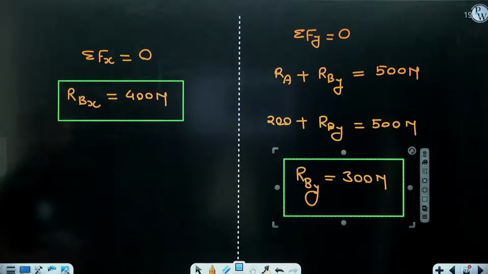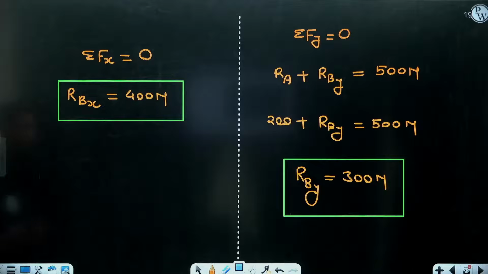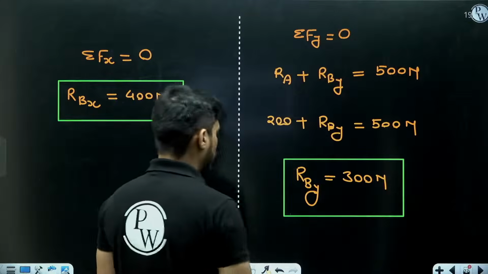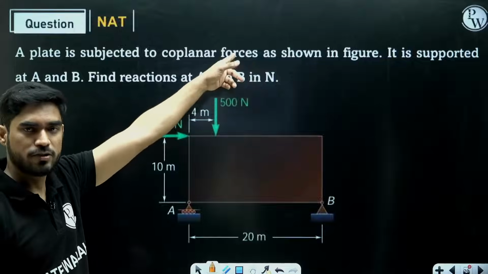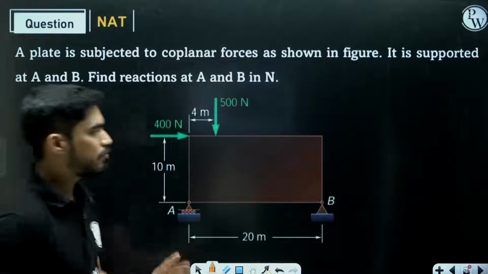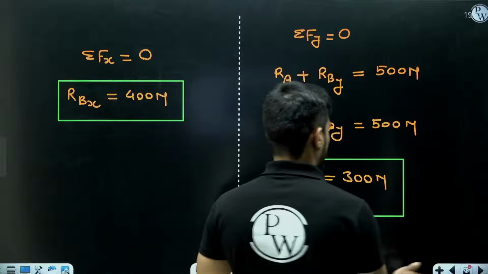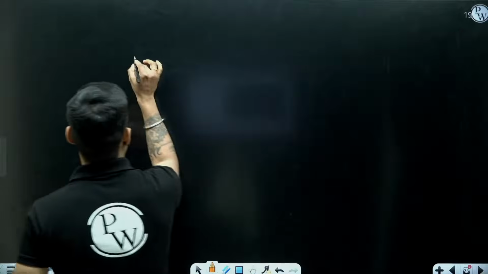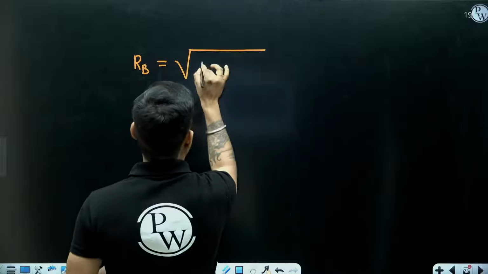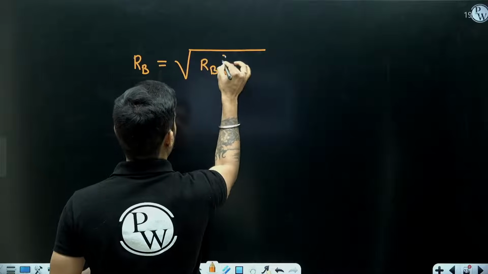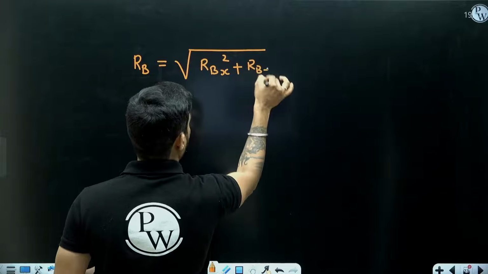Now if you want, you can take the resultant of RBX and RBY. Although it is not clear in this question whether you need to find components of RB or the resultant of RBX and RBY, let's calculate the resultant. In GATE they will tell you whether you need to find the components or the resultant.